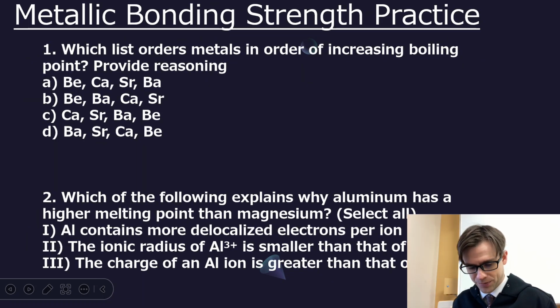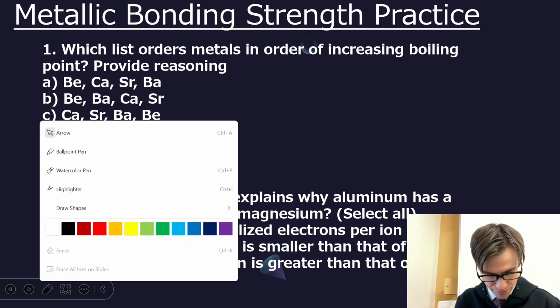Okay, some practice. Which list orders metals in order of increasing boiling point? Provide reasoning. So boiling point, same thing as melting point, same thing as intermolecular forces and bonding strength. So we have beryllium, calcium, strontium, and barium. I believe these are just group 2 of the periodic table.